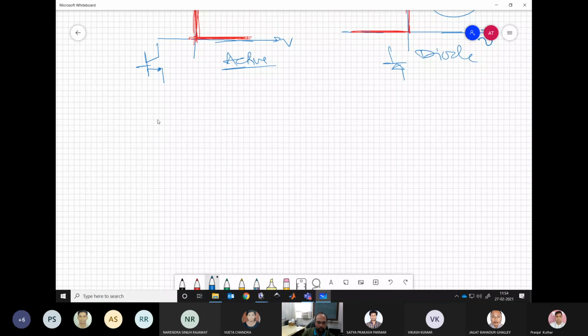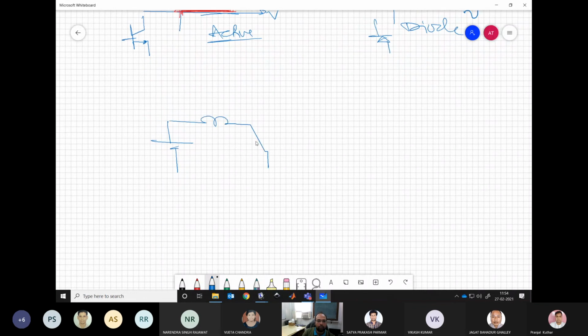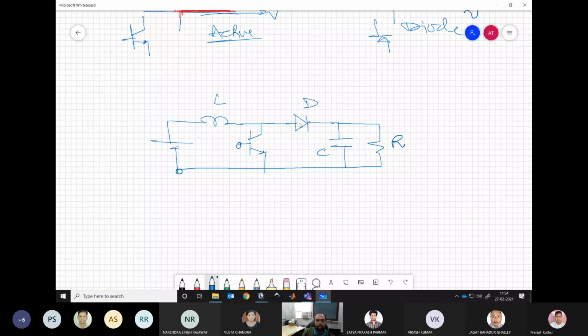If I draw that for the sake of completeness, this is how power converters are realized based on what characteristic we want for a particular switch.